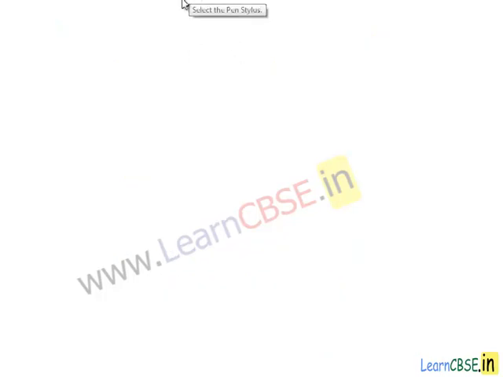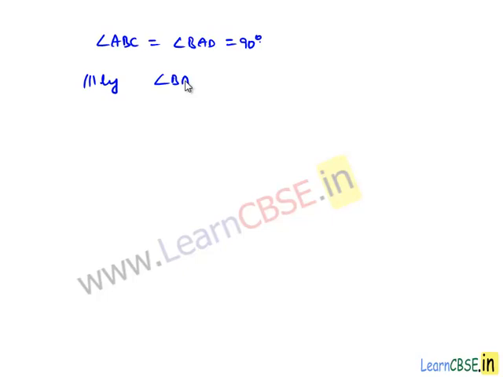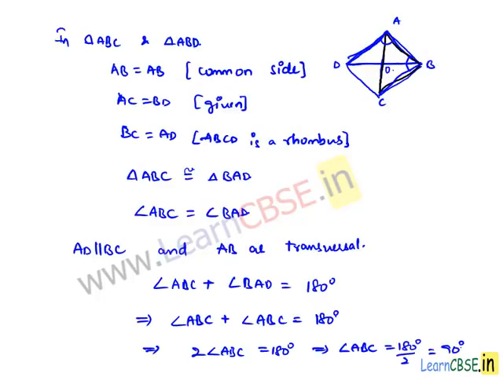So finally we can say that angle ABC is equal to angle BAD is equal to 90 degrees. Similarly, we can prove that angle BAC is equal to angle ADC is equal to 90 degrees by considering the triangles BAC and ADC.